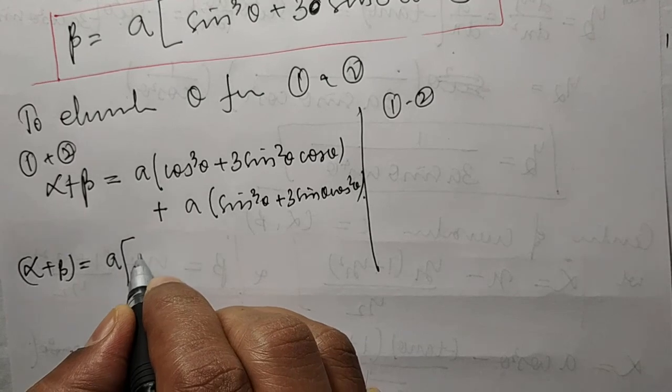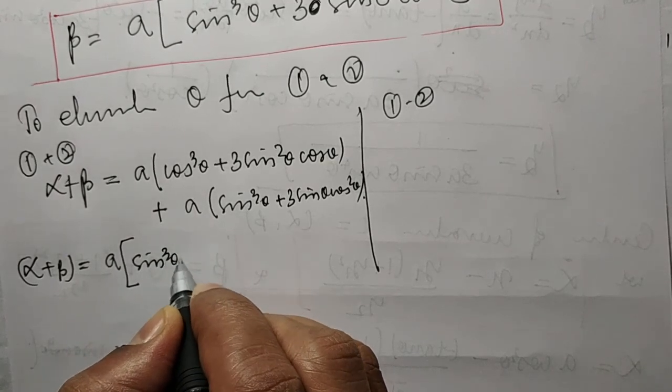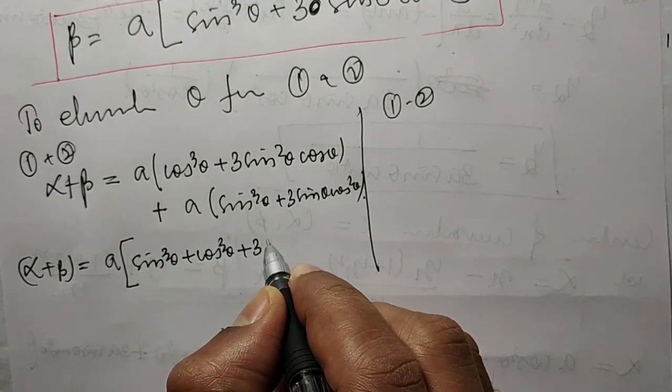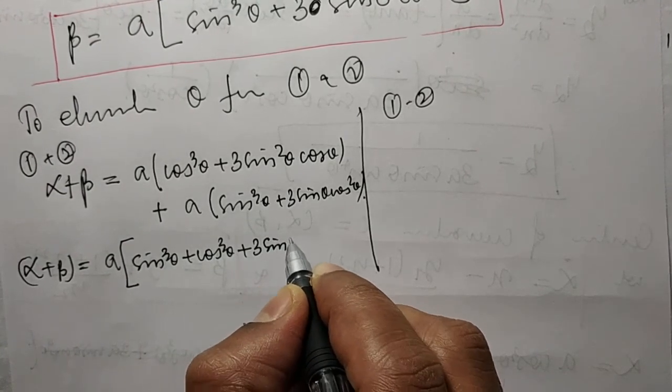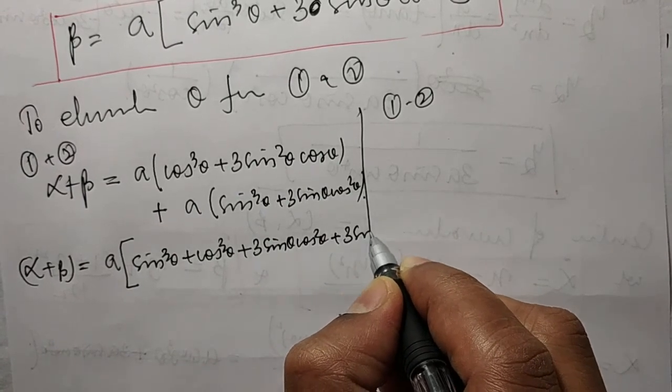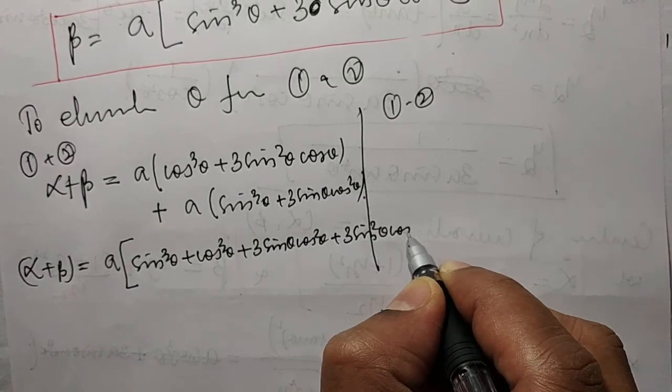Then it is sin cube theta plus cos cube theta plus 3 times sin theta into cos square theta plus 3 times sin square theta into cos theta.